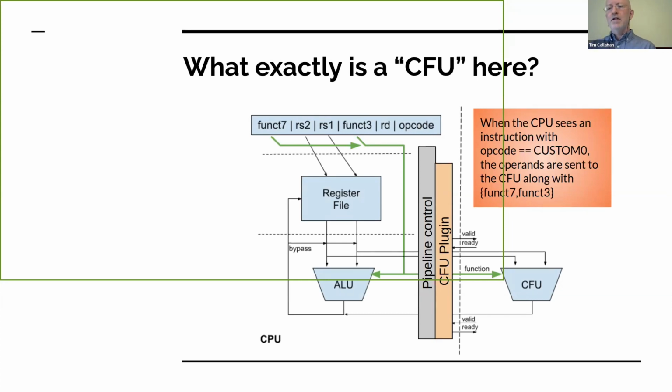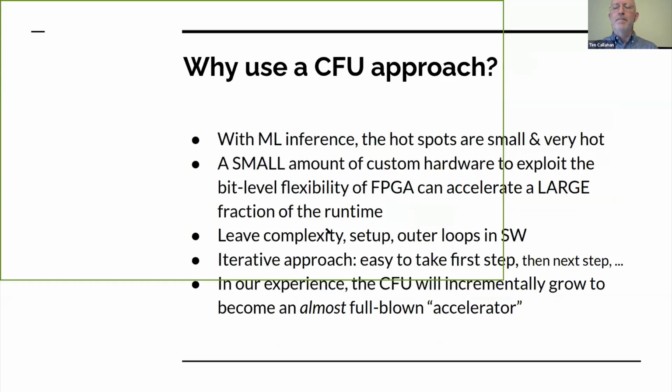It raises the valid signal to tell the CFU that this is for you. It sends the funct7 and funct3 fields, that's like a sub opcode to tell the CFU what to do. It sends the 2 operands from the register file, and then later at some point when the CFU says it's done, it gets the result back, feeds it back to the bypass network and back to the register file.